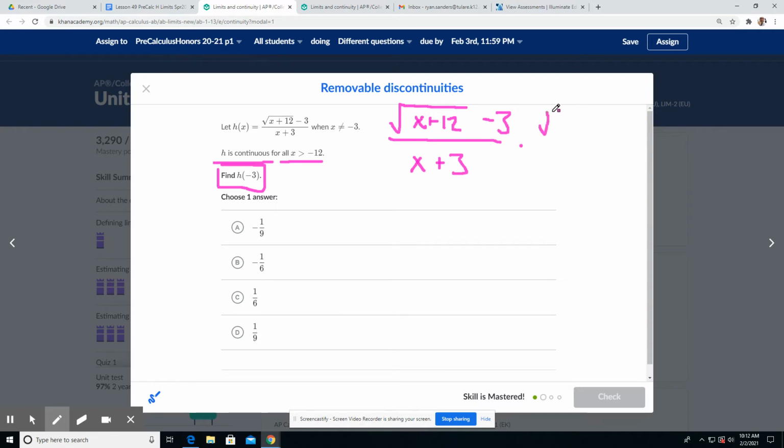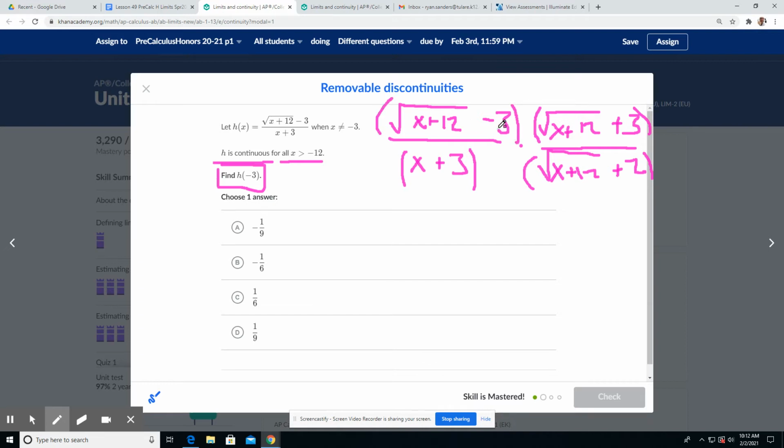So that would be the square root of x plus 12 plus 3, divided by the same thing, the square root of x plus 12 plus 3. Remember, conjugate is just that switched middle sign for the binomial. We want to make sure we keep it on the bottom. We don't want to distribute it out here. And everything is being multiplied.